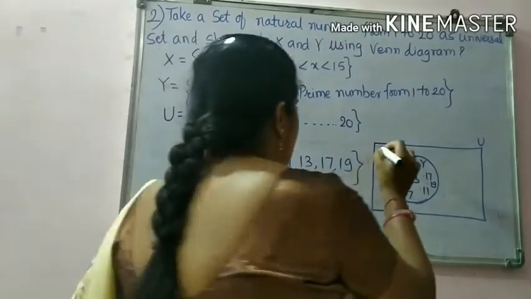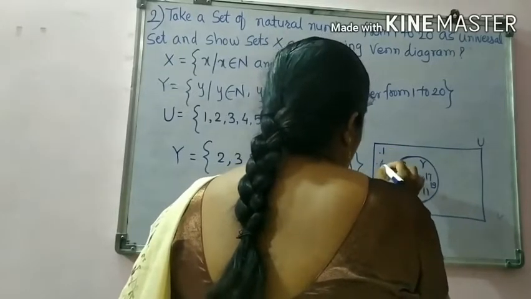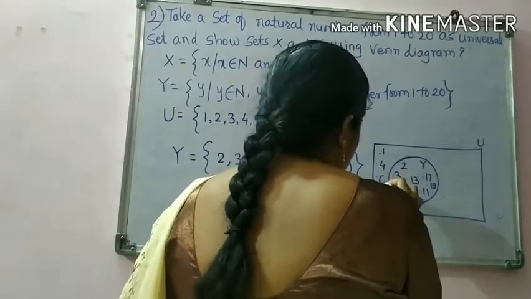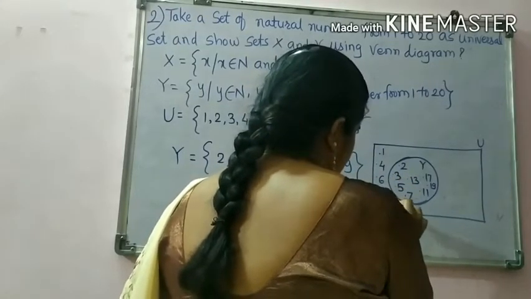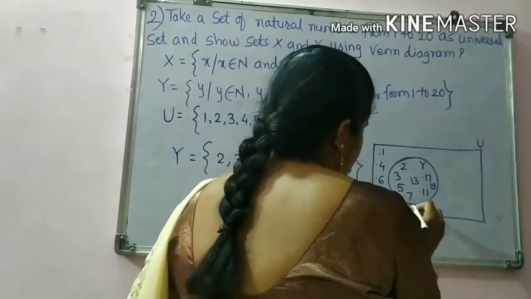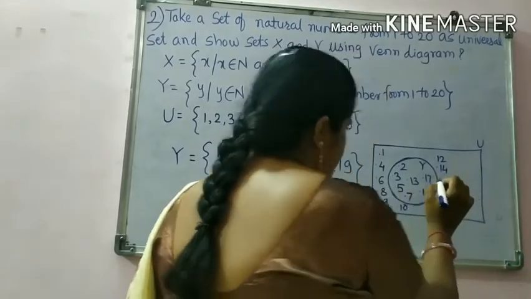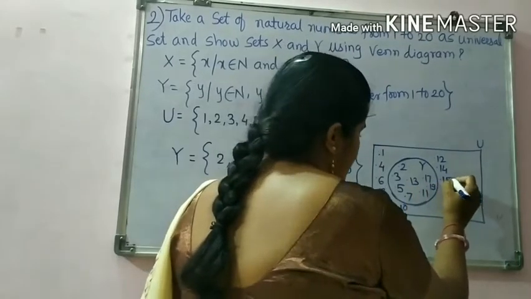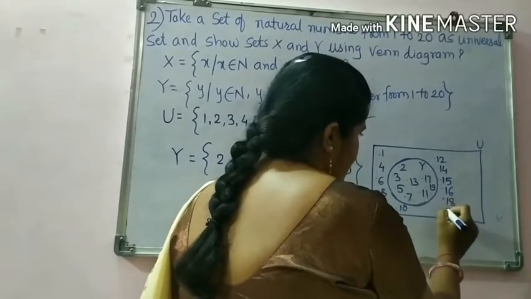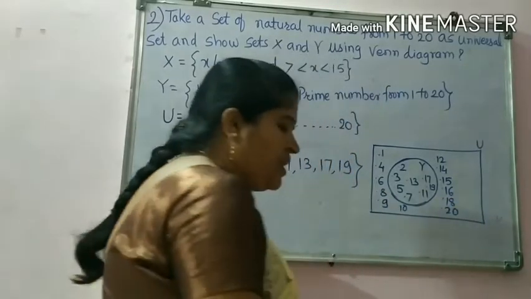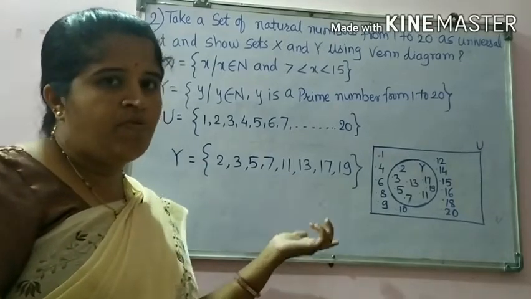So here 1, 2, 3, 5 is there. 2, 3, then 4, 6, 8, 9, 10, 12, 14, 15, 16, 18 and 20. So in this way we shall denote this with the help of a Venn diagram.